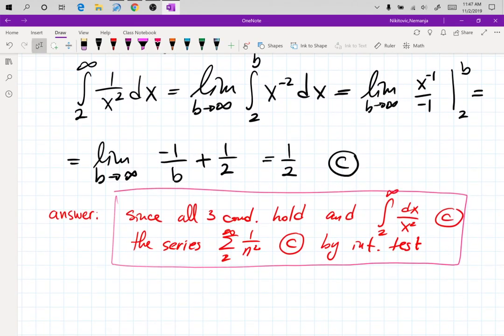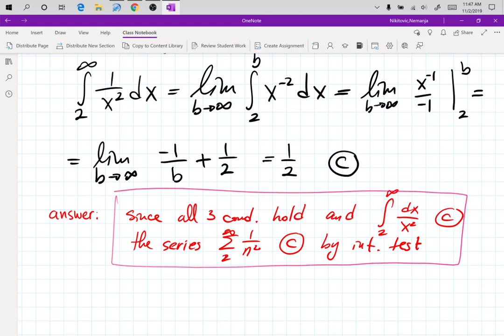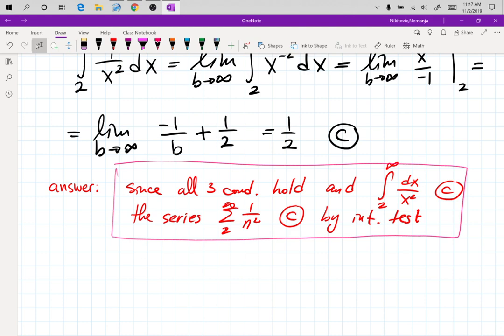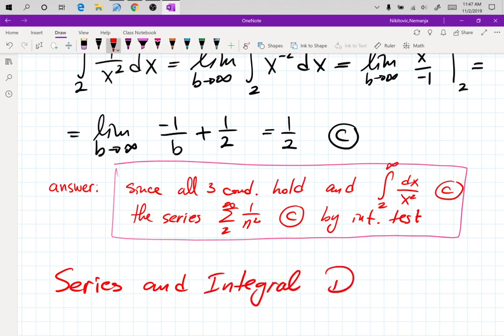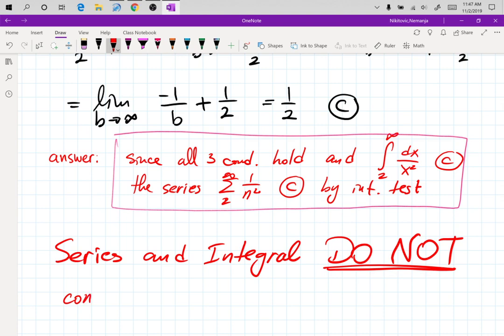Now, you said you made a silly mistake and you got 3/4 there. Okay, fine. 1/2 doesn't show up anywhere in my answer. And the reason is here in blood, and it will be underlined and boxed and everything: series and integral do not converge to the same value.